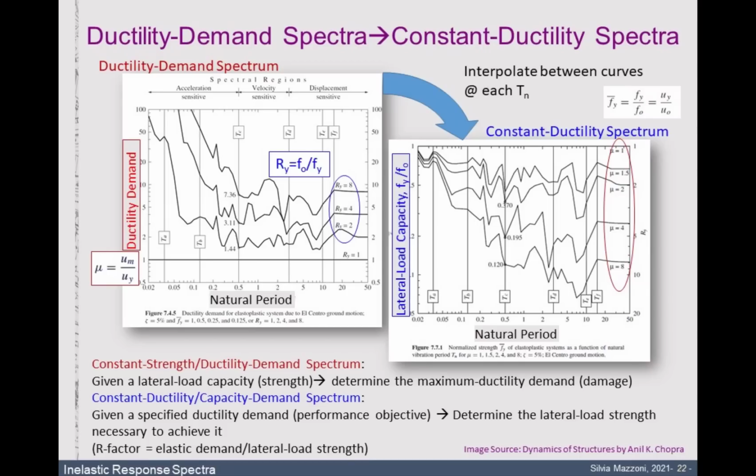The other way to do it is you can create a database. You can run it for, which is what's on the left-hand side, you can run it for a whole lot of R factors or Fy strengths. And then, so if instead of having just 3 curves, I have 100 curves, then you can literally interpolate, just as if you're trying to find an intersect.